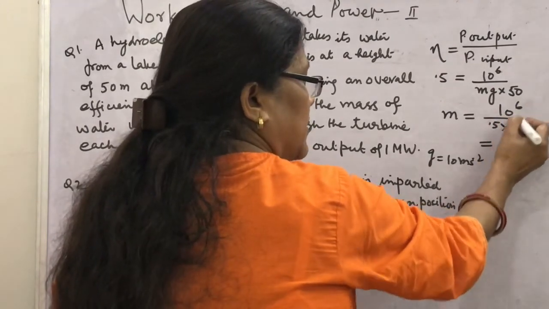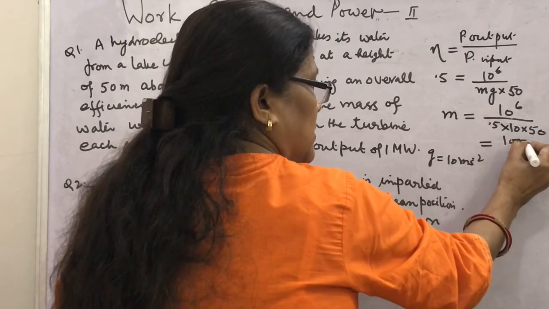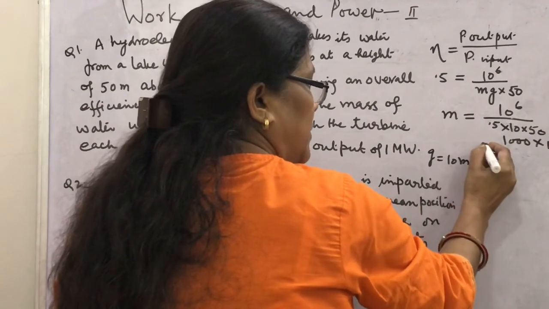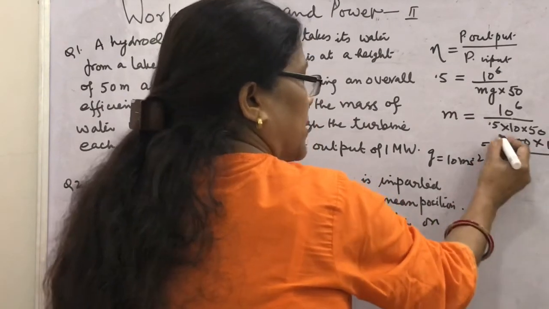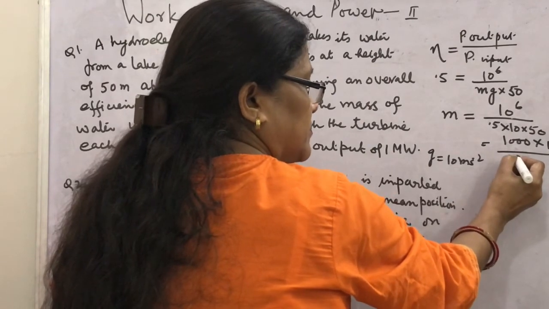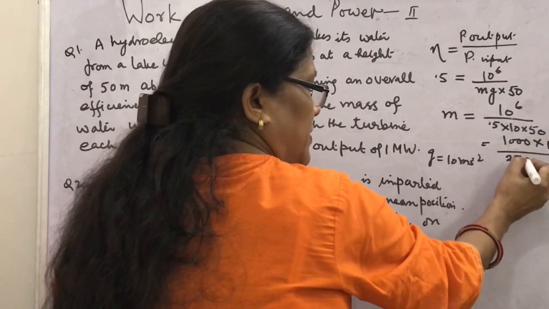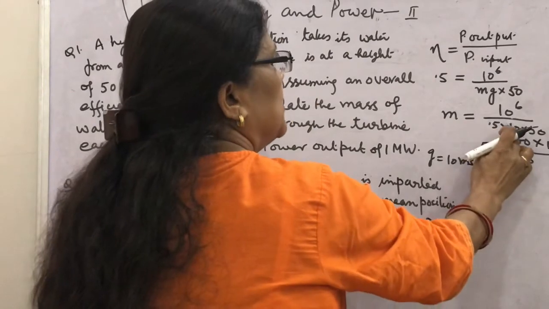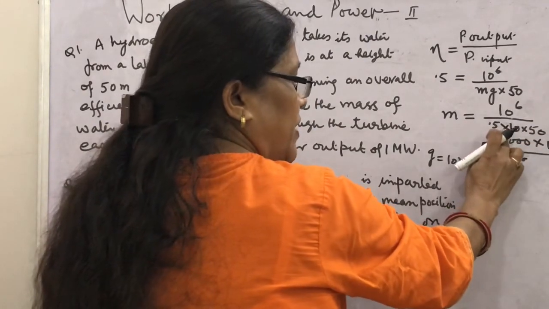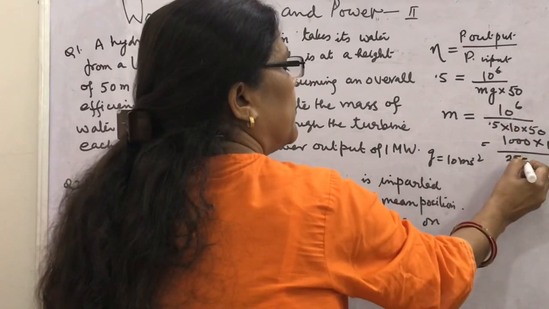You can write 10 to the power 6 as 1000 into 10 to the power 3. And here you can write this 50 into 50. How much? 25 into 20. You know this 50 into 5. 0.5 into 10 will be 5. 5 into 50 will be 250.